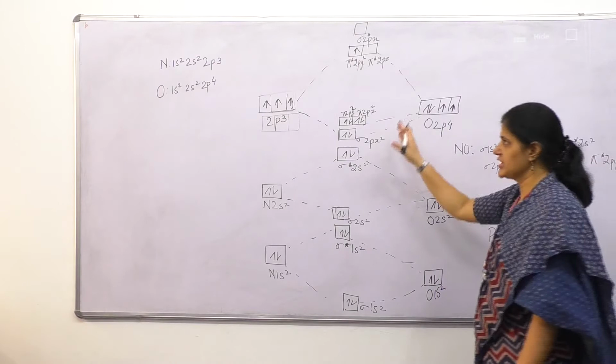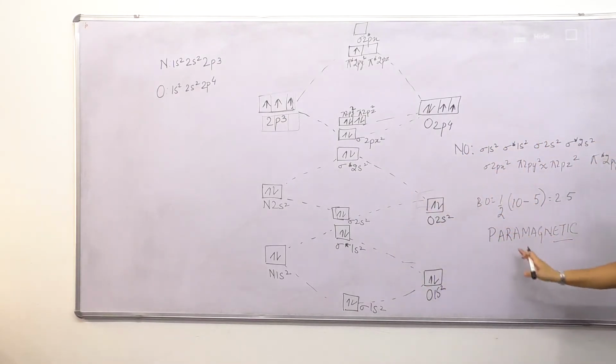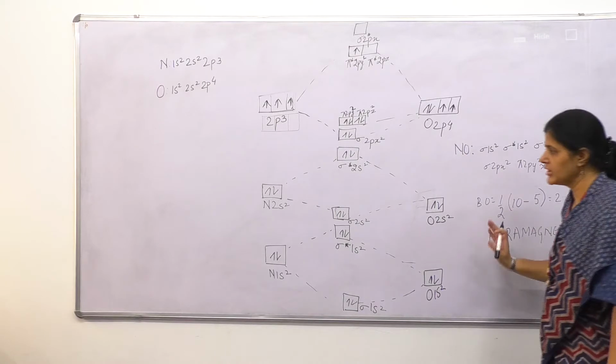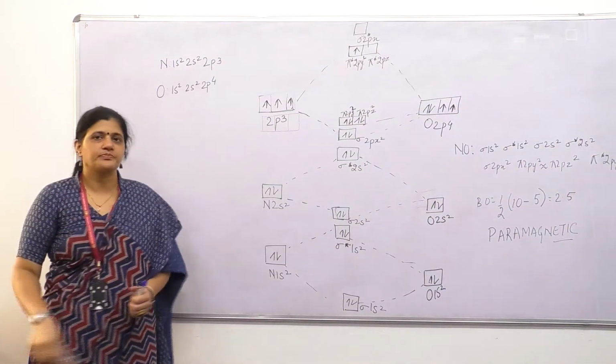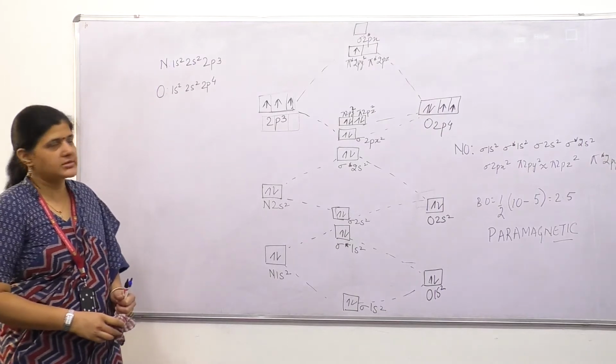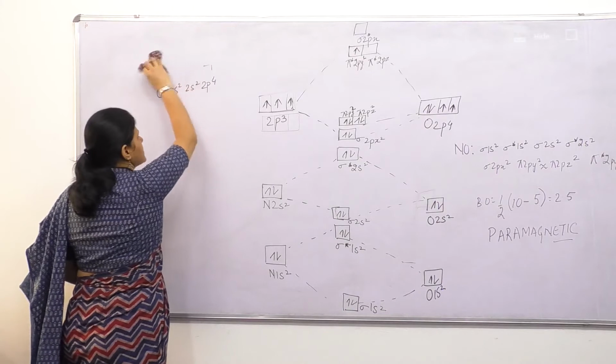So this is the diagram of the NO molecule and these are the descriptions of the NO molecule on the basis of molecular orbital theory. Right? Next we will discuss another molecule, carbon monoxide, the CO molecule. What do we have to think now?